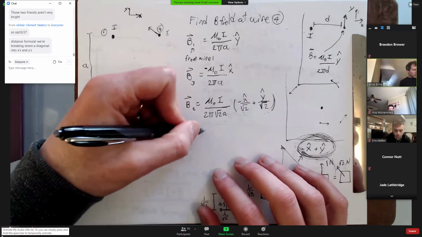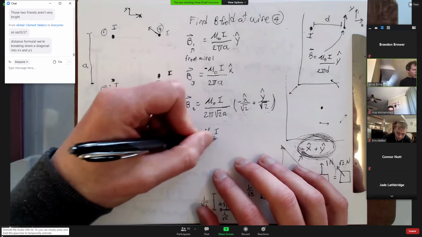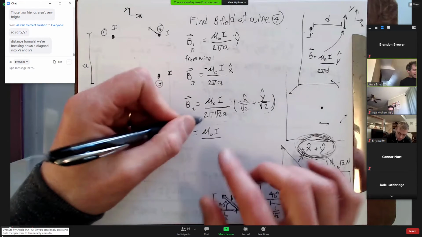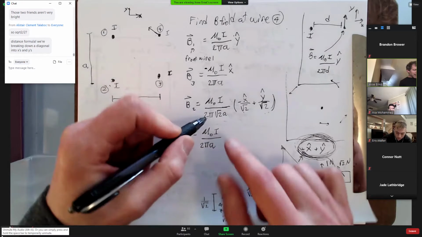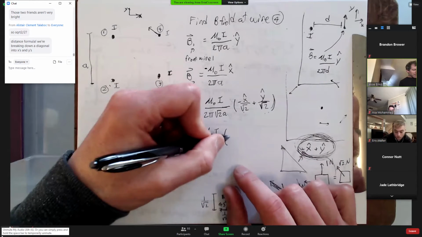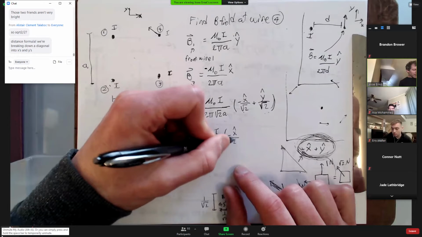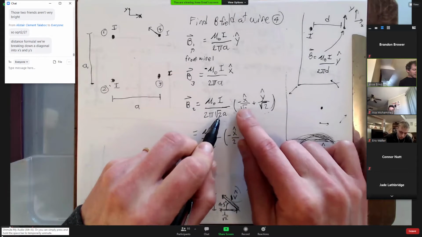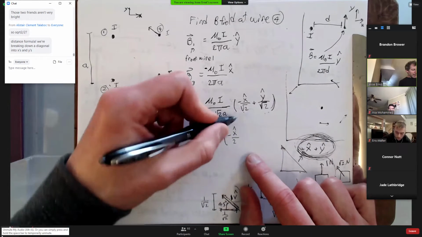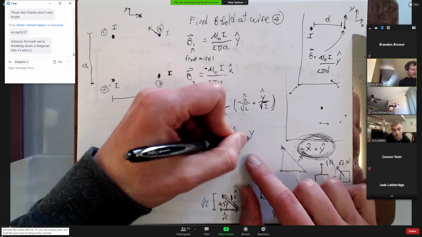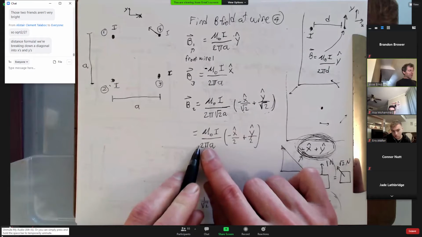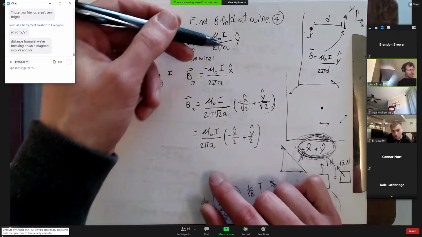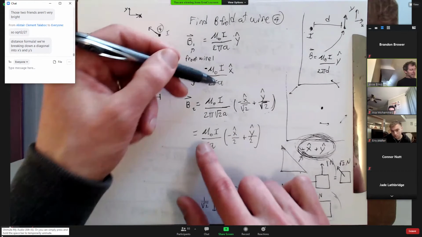So this will give us mu naught I over, let me leave this other 2 pi a, and now we'll have minus x hat over 2 plus y hat over 2. I'm just grabbing this and putting it together. You might say, why don't you just pull this out and put it with there and make a 4? Because it makes it easier to just pull out this factor at the end.